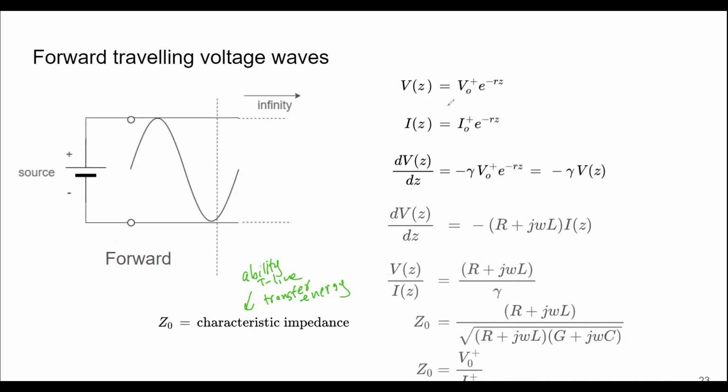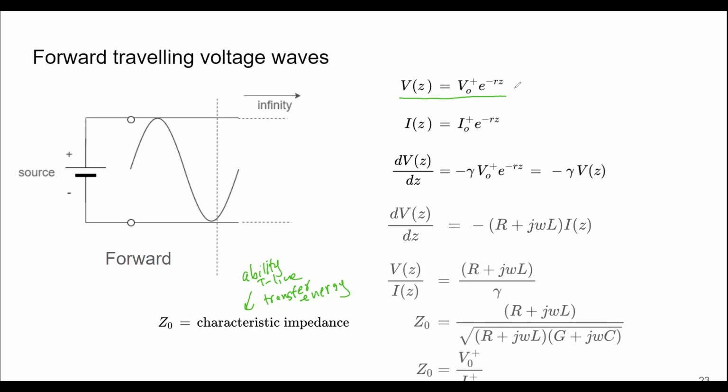We can determine this characteristic impedance by taking the ratio between the voltage and the current at a general location in the transmission line. The general voltage in the transmission line we can denote as this expression.